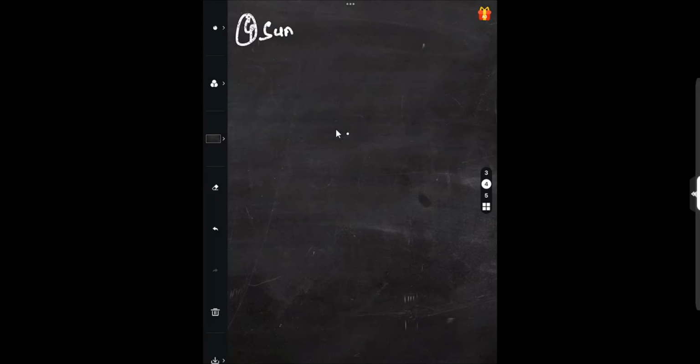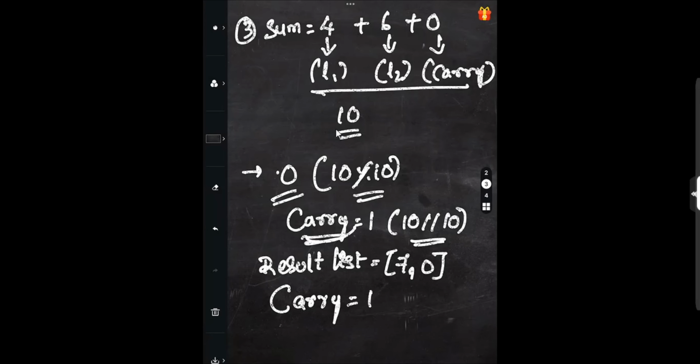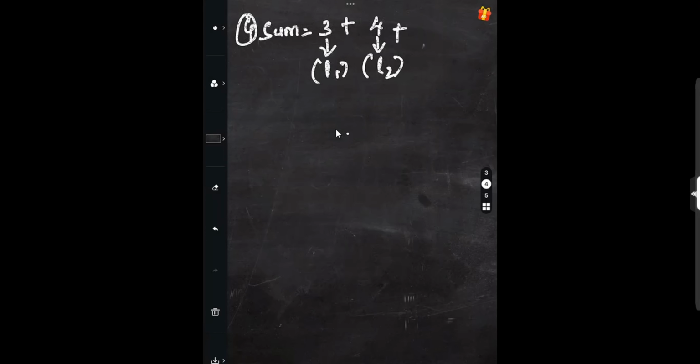Sum: 3 from L1 and 4 from L2 here, and 1 carry, because previously we have the carry 1 here. You can clearly see here, carry 1, right? So 1 from carry. So this will be 7 plus 1, nothing but 8.